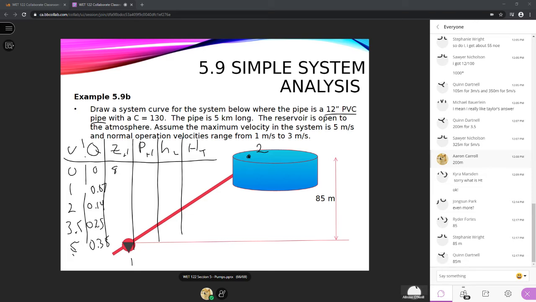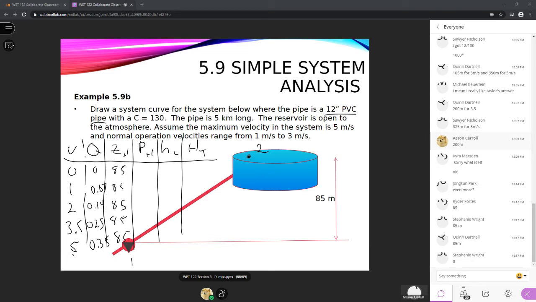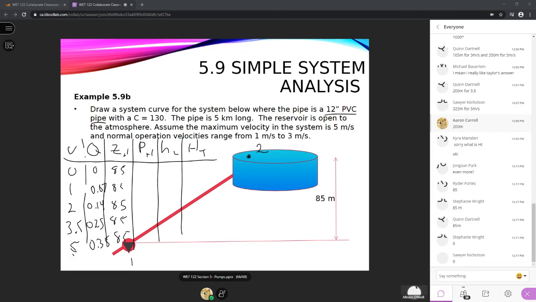Regardless of what the flow rate is, this pump is always going to have to at least give the system 85 meters of head because it has to lift the water up that high. Now, what are our pressure requirements in our reservoir? Yeah, still zero. We're open to atmosphere, so the pump doesn't have to deliver any pressure head to our end user.